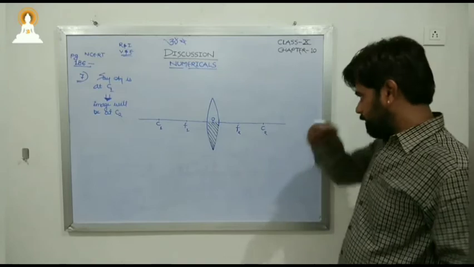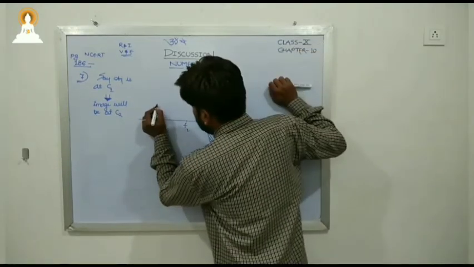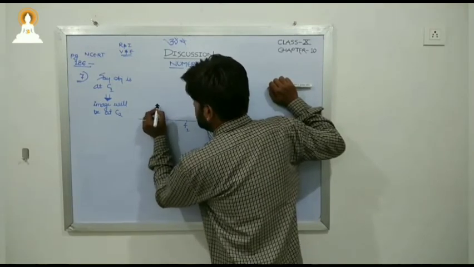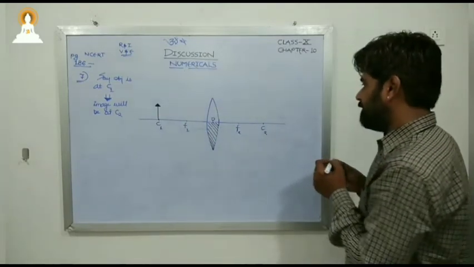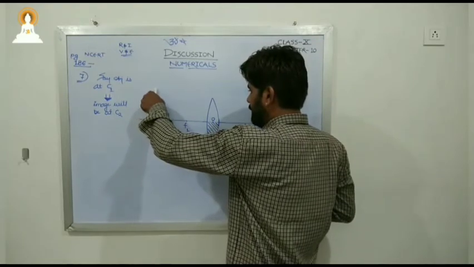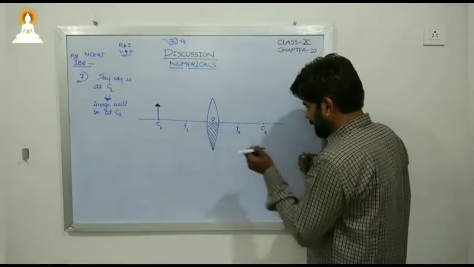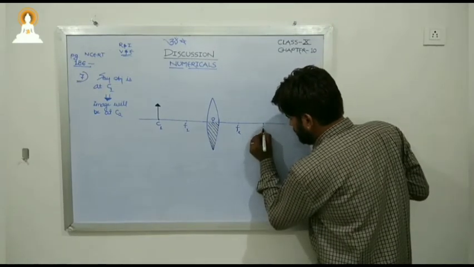So let us take object at C1, then image will be with the same height. That same height will be up to here. So the image will be like this.